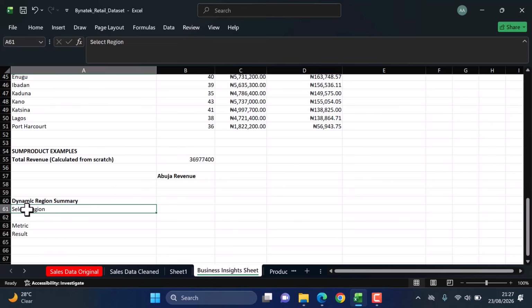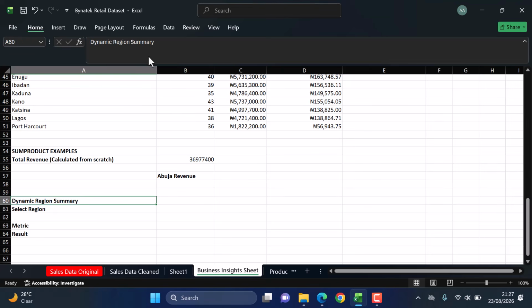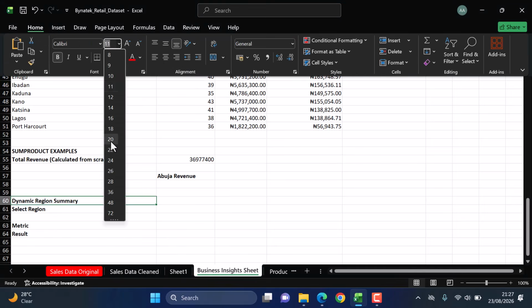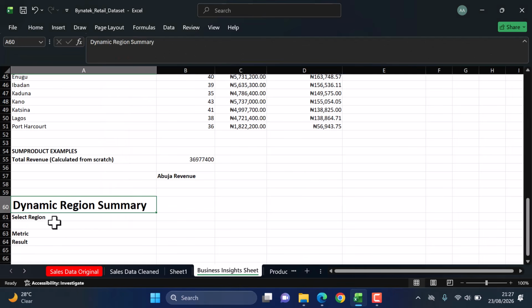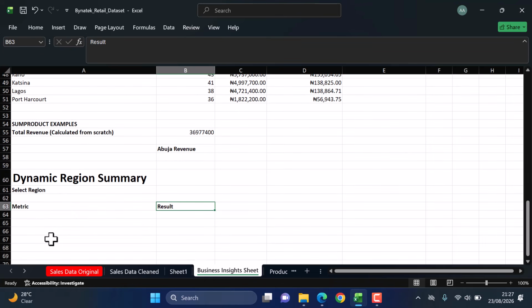Let's bold these two as well. Let's make this 22, right? All right, so this should not be here. This should be here, I think.